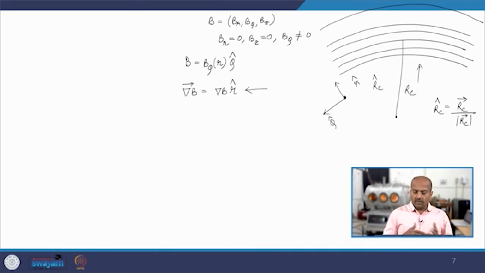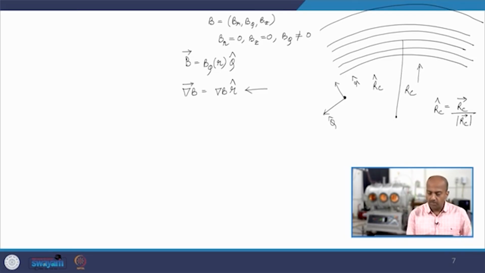So, if this is the r direction in which the gradient is present, then as you go to higher values of r, you are bound to find stronger magnetic fields. And the magnetic field is now towards the phi cap direction, right. Having both of these defined clearly, this is the confusion: the magnetic field itself is along phi cap, but the gradient is along r cap.